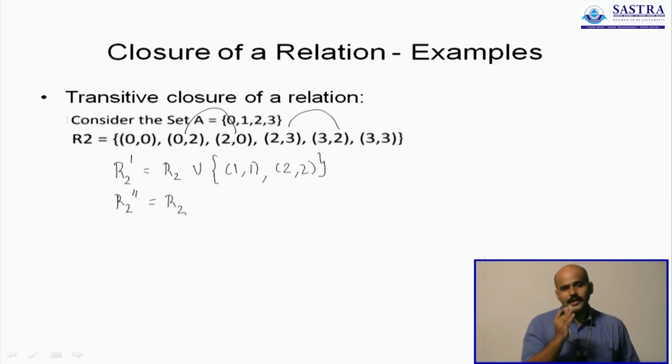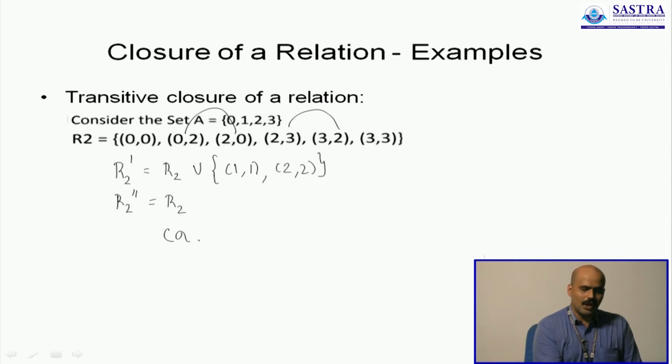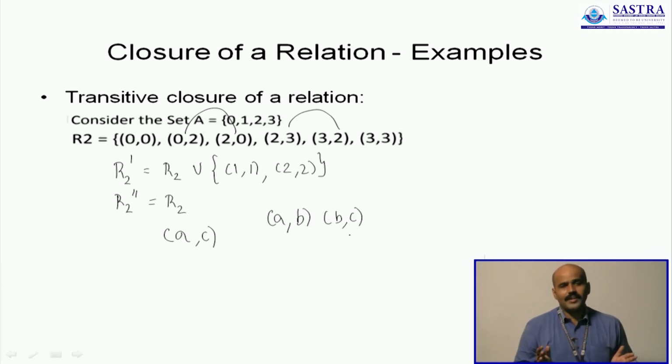However, determining the transitive closure is not as easy as it seems for the reflexive and the symmetric closures, because if you can recall, a transitive relation demands the presence of an ordered pair A comma C whenever you have the ordered pairs A B and B C. So verifying this presence for any pair of ordered pairs given in the relation, there are 6 pairs given here, out of which you can generate 15 pairs of the form A B comma B C, and then verifying all of this for all these pairs is not an easy task.